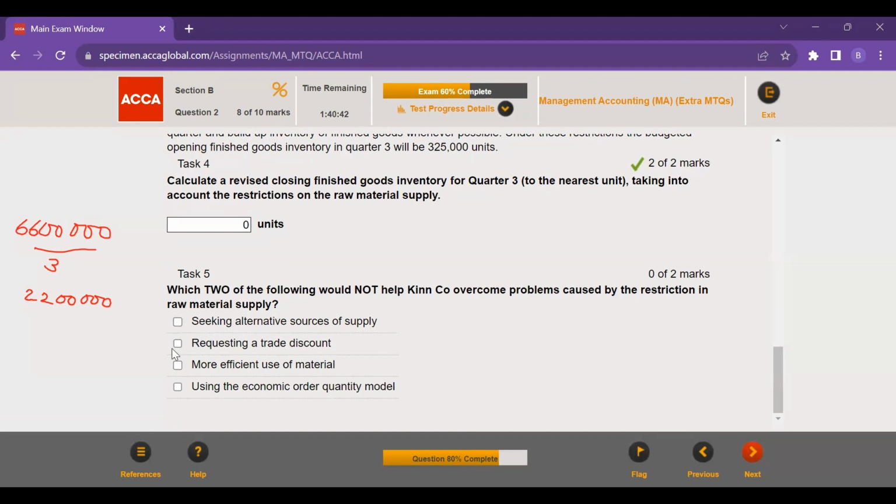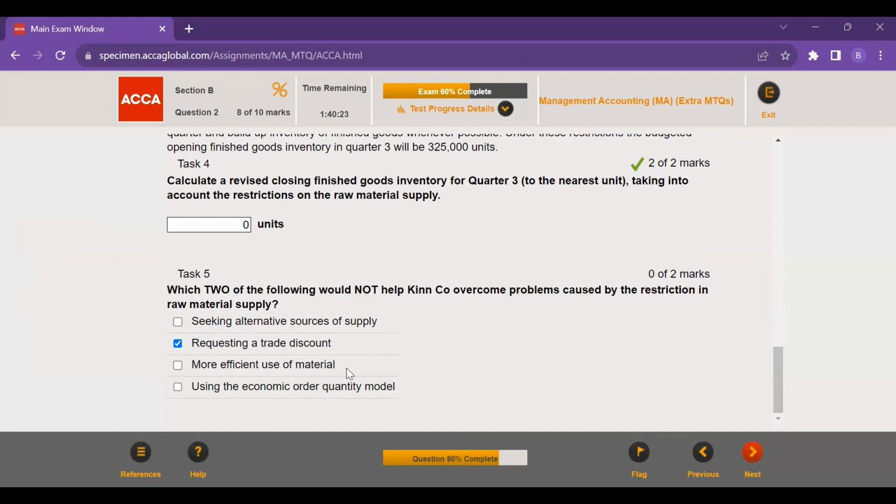Requesting a trade discount. Now, this is something that will not enable them to solve the problem of the restriction on this supply, because even if they get it at a lesser price, they are still getting it in the limited quantity, right? So then let's have a look at more efficient use of material.